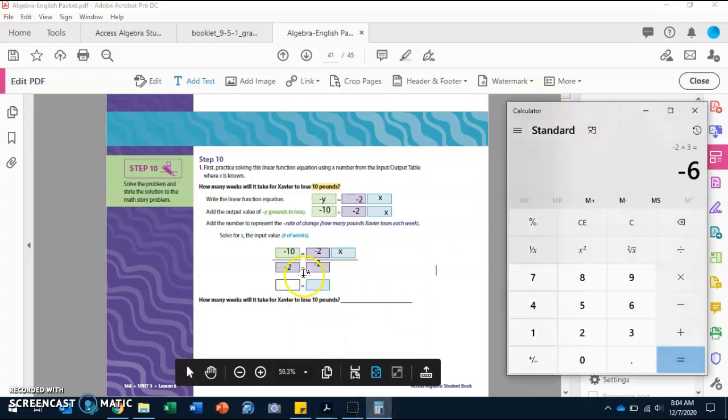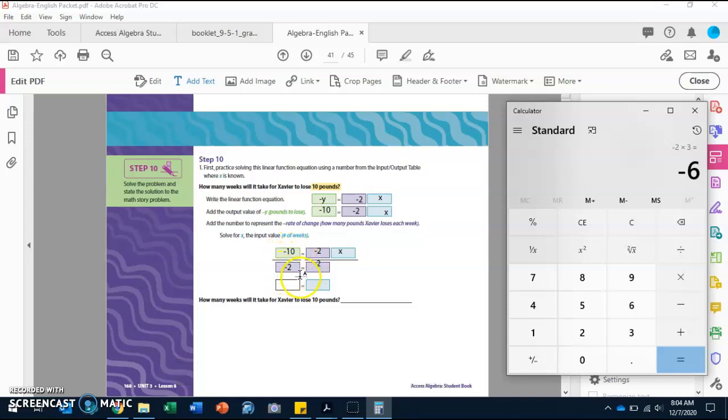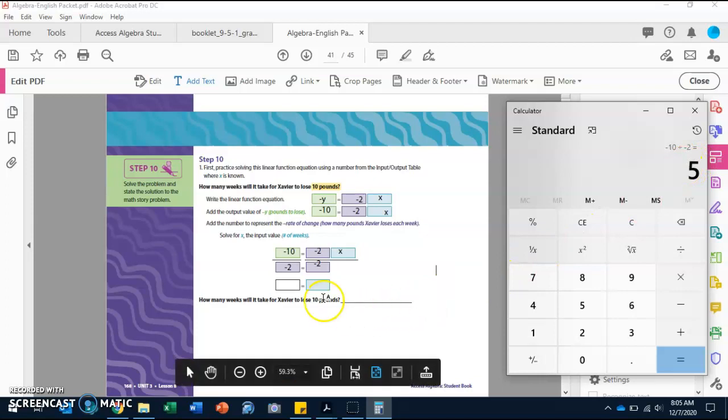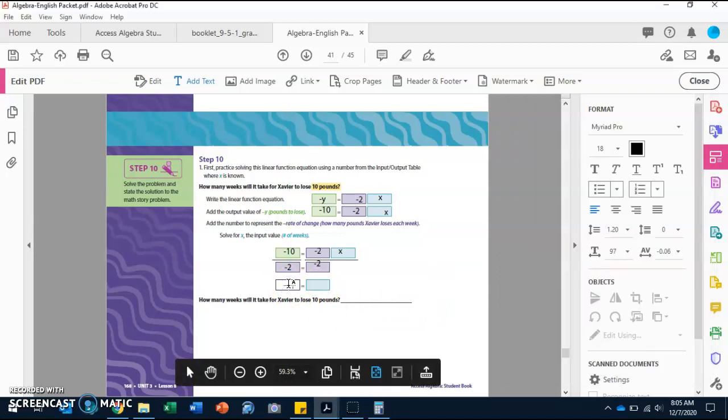So now we have to figure out what is negative 10 divided by negative 2. So let's put right here, negative 10, and we are dividing it by negative 2. And our answer is 5.